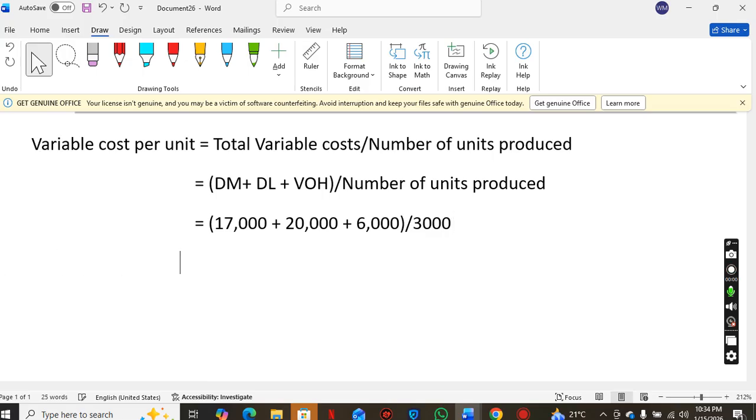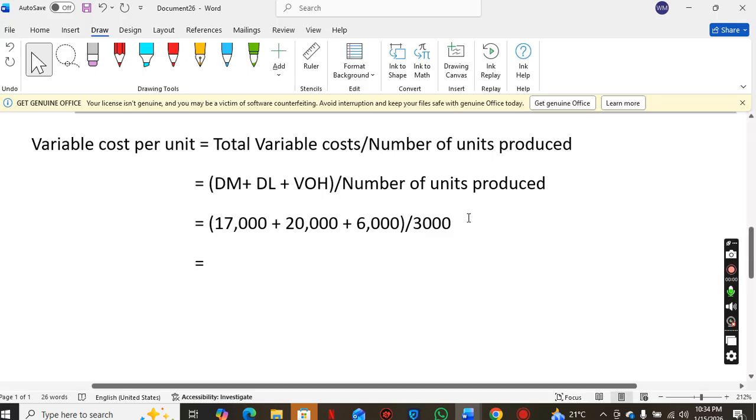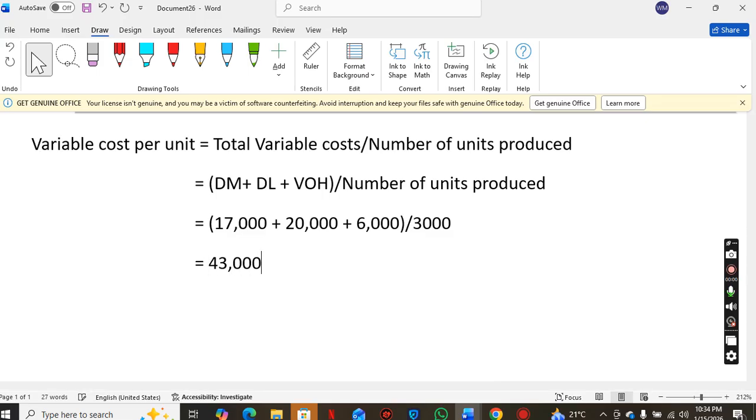So 20,000 plus 17,000, that is 37,000. 37,000 plus 6,000, that is 43,000. 43,000 divided by 3,000, we get 14.33 kwacha per unit.